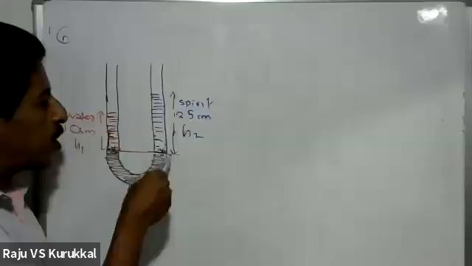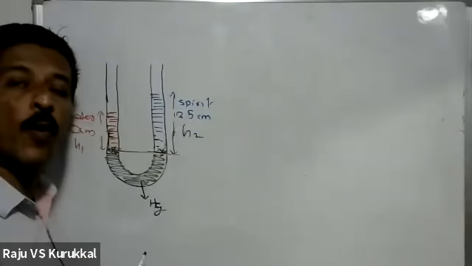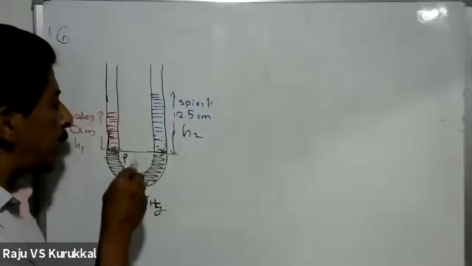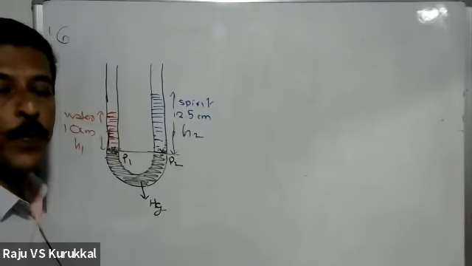This is H2 and this is H1 and this is mercury. And pressure at the same horizontal level, P1 and P2, will be equal. Then P1 equals P2. What is P1?